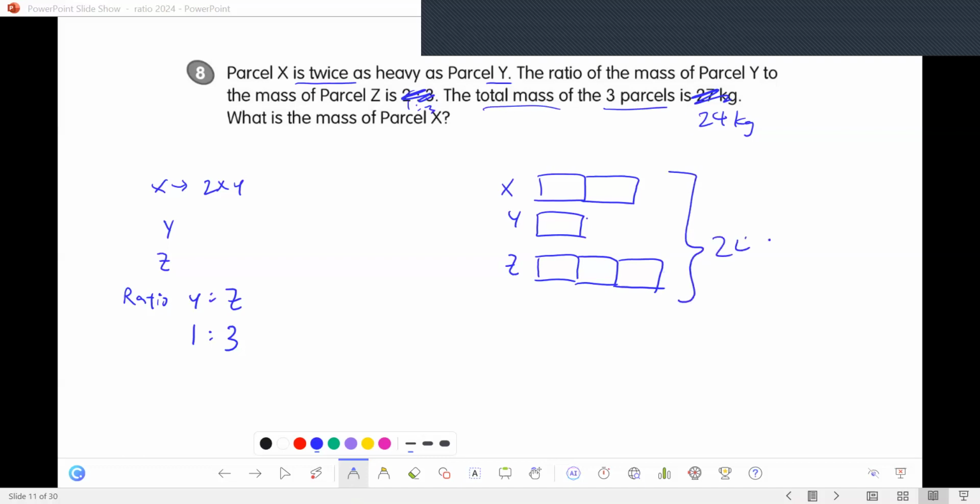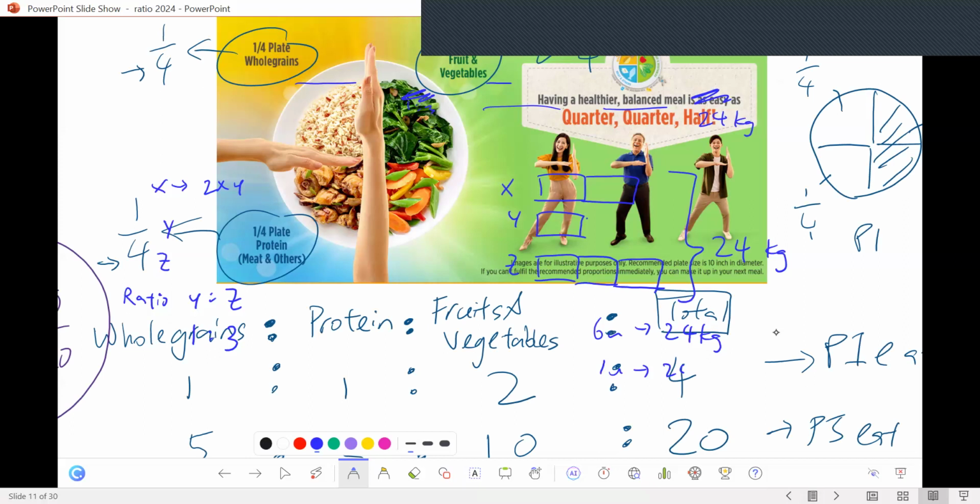If I draw the model, it's just like this. Total number: 1, 2, 3, 4, 5, 6. 6 units is 24. Now I see why some of your friends are saying this question is easy, because the numbers are small and friendly. Anyway, sorry.